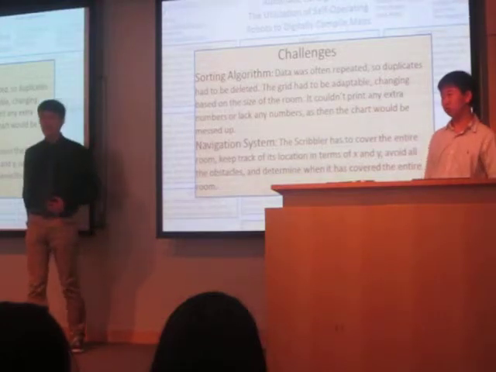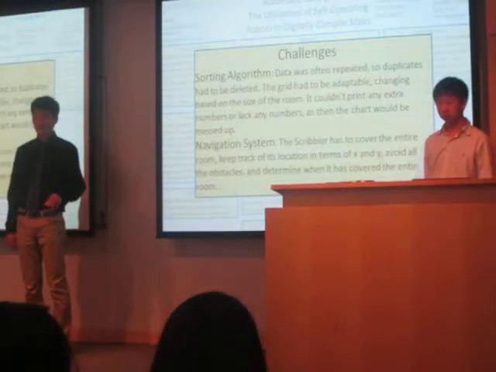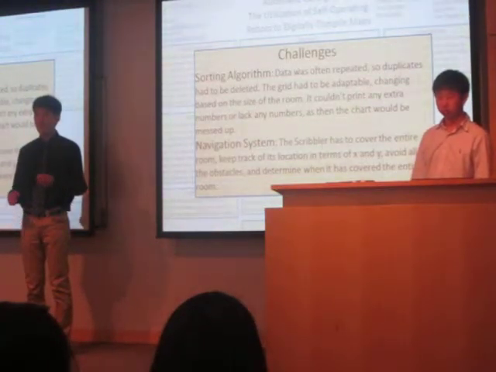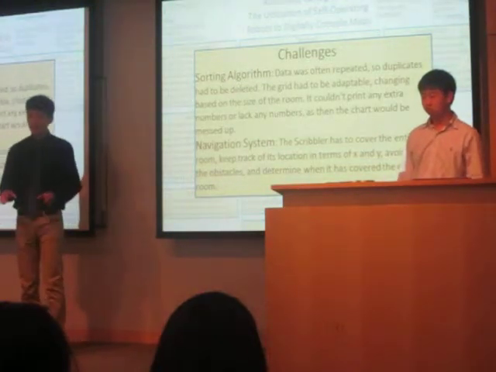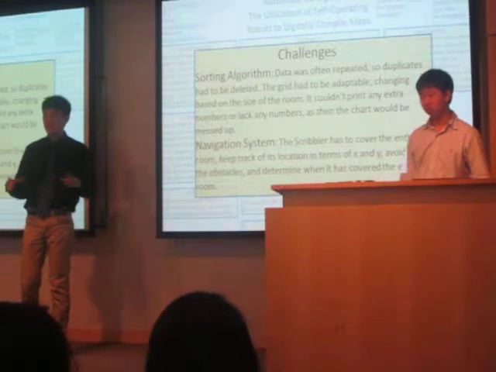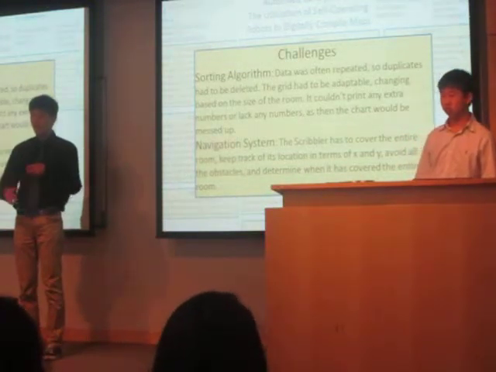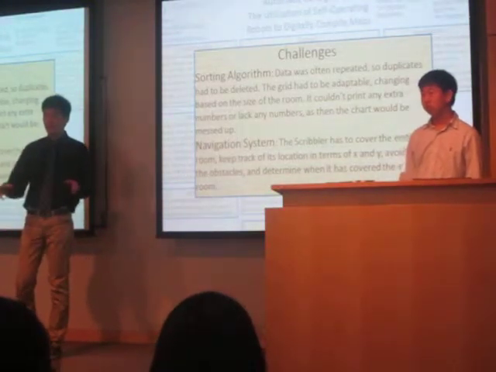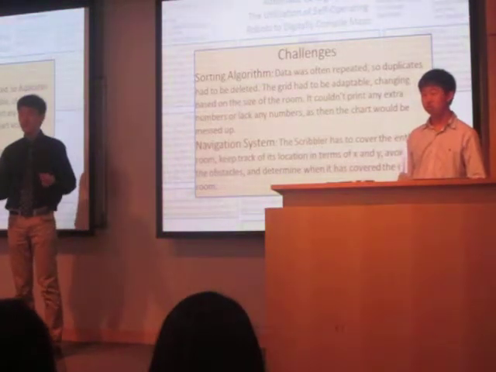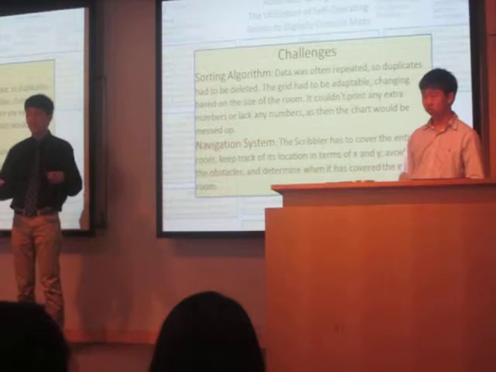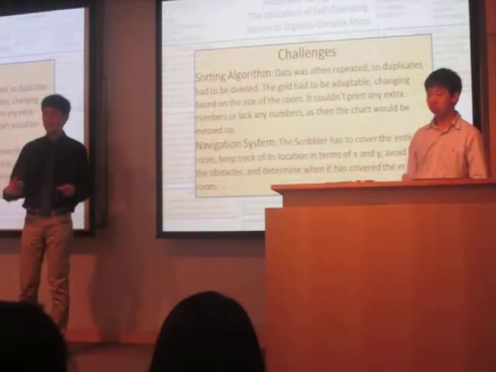So, challenges. Even though this project may seem really simple and straightforward, it was actually quite complex. Our first challenge was the sorting algorithm. This pertained to displaying the grid and taking the data and making it into a map. We had these 6 data values, and we had many of these, so we had to find a way to convert these into some meaningful way to display it.